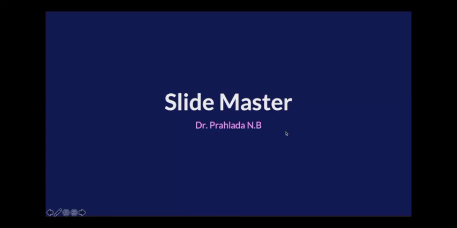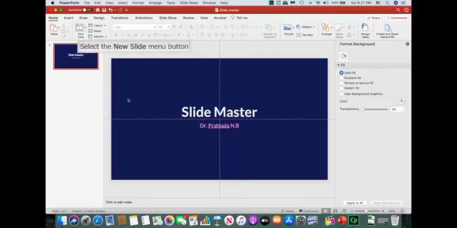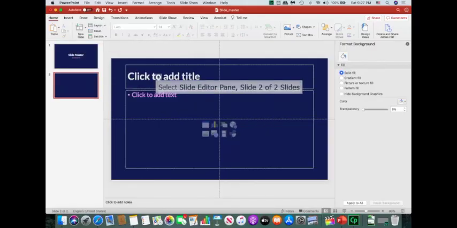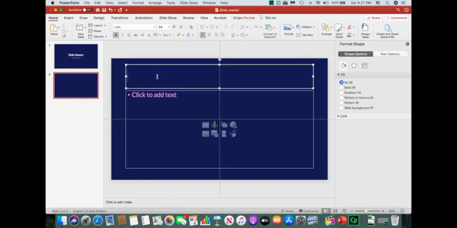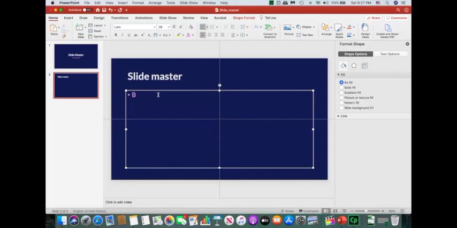Suppose I want to add a new slide. I'm going to add a new slide, and you can see here, if I edit the slide master, background color change, what we did was a background color change, then a font type change, then a font color change.